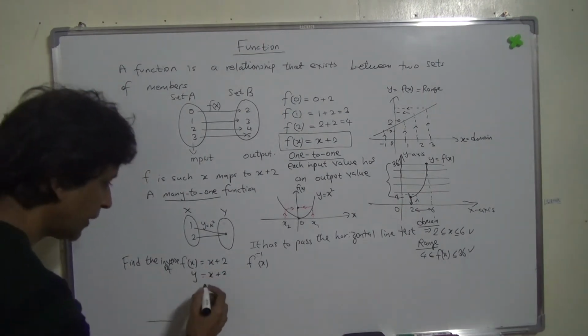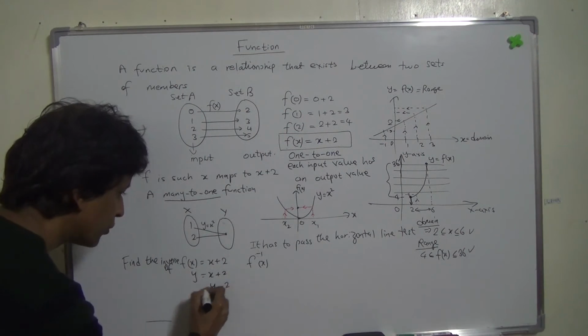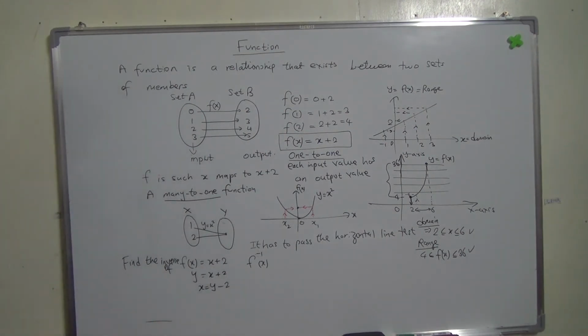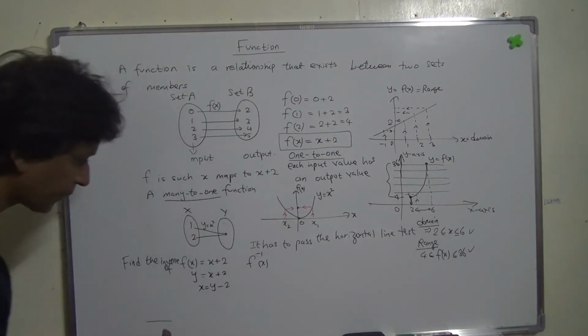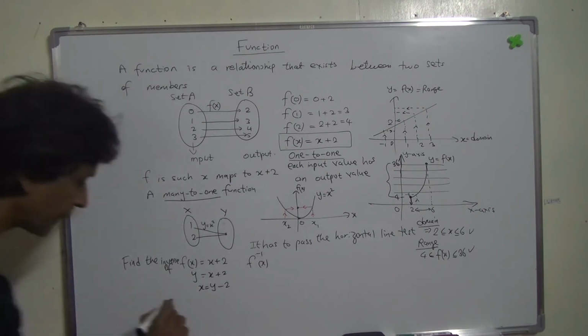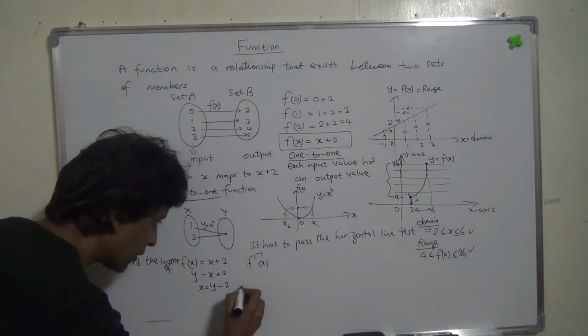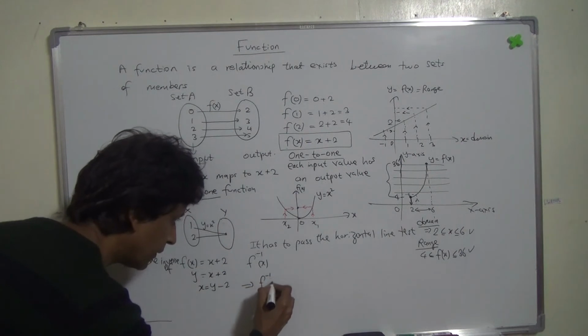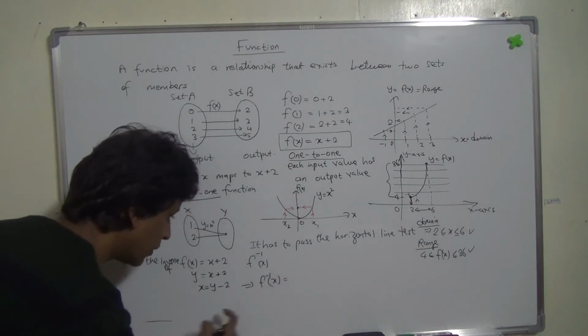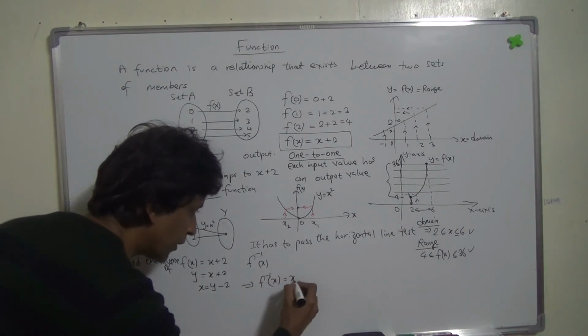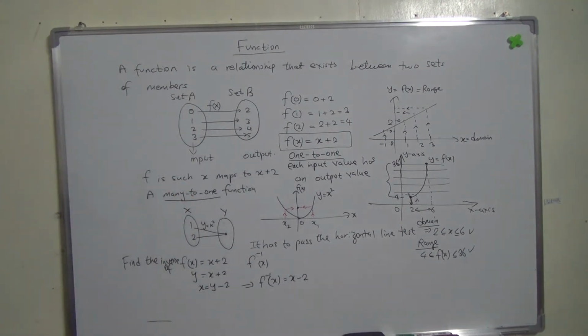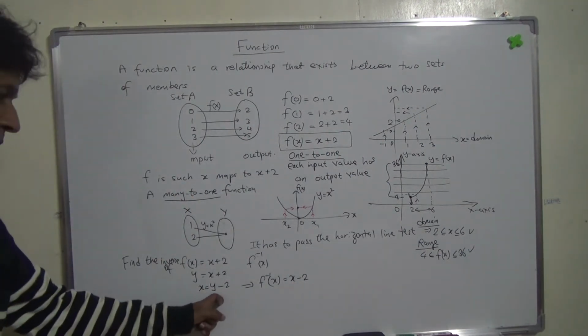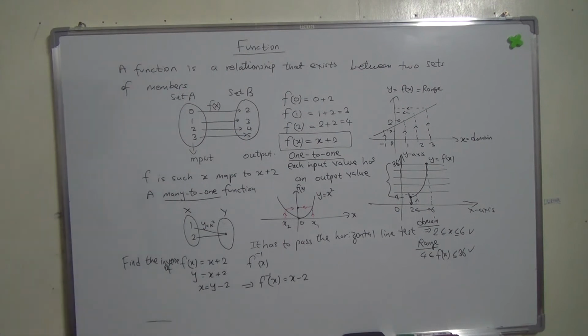So you send the 2 over, you're going to get y minus 2 is equal to x, and therefore I have the inverse of that function is going to be equal to x minus 2. You inverse it from y to x. So this is your inverse.